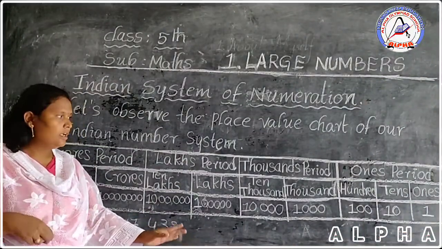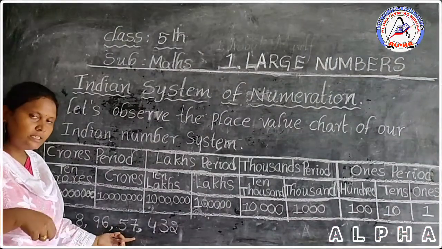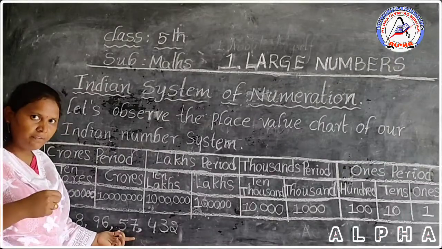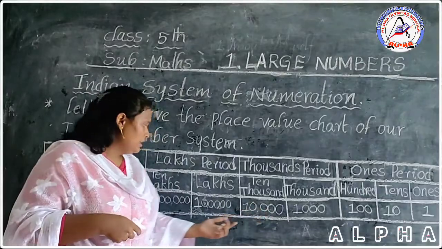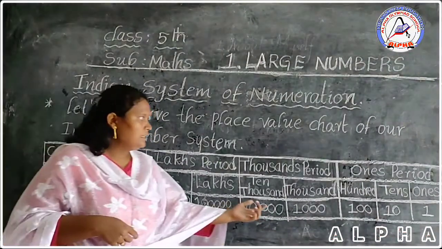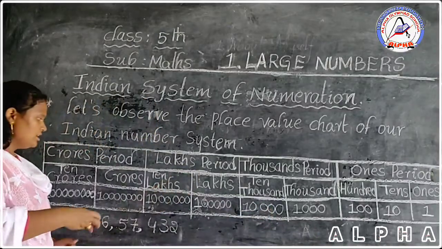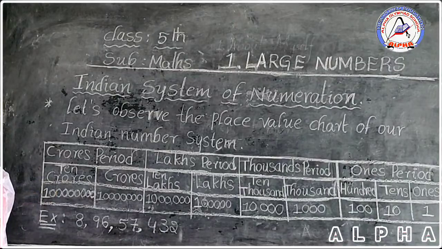Children, now let's look at this number. How can we pronounce this number? 57,000. It means this number is in the thousands period. Yes or no? That's why we put a comma here only.